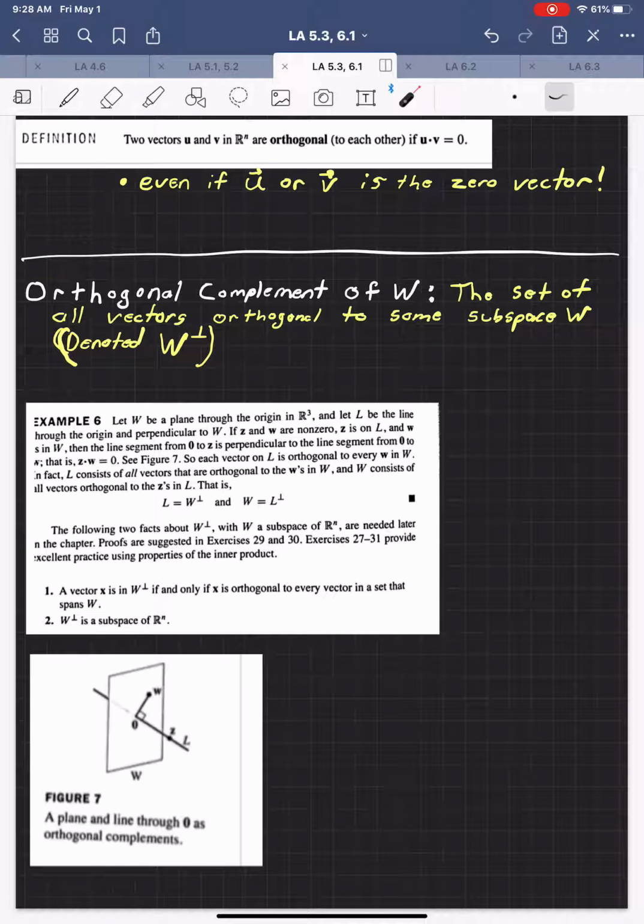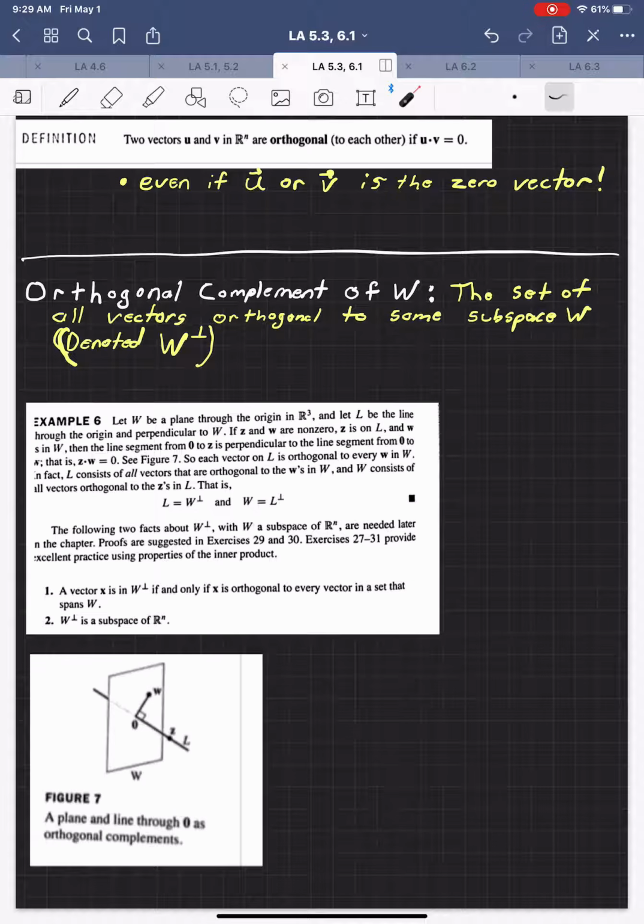If somebody talks to you about the orthogonal complement of W, they're talking about the set of all vectors that are orthogonal to the same subspace W. So every single vector that's orthogonal to W makes up the orthogonal complement of W. And the way you denote orthogonal complement is what I'm circling right here. That's W with a little perpendicular sign.